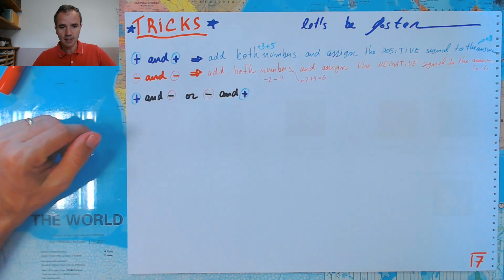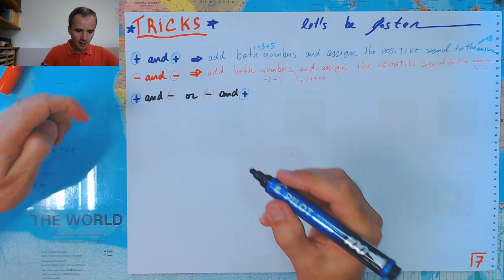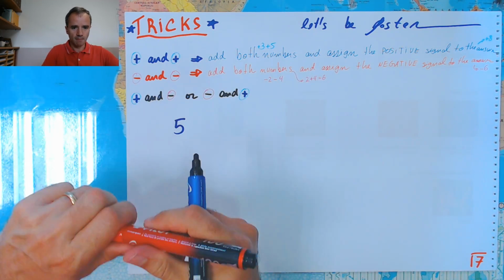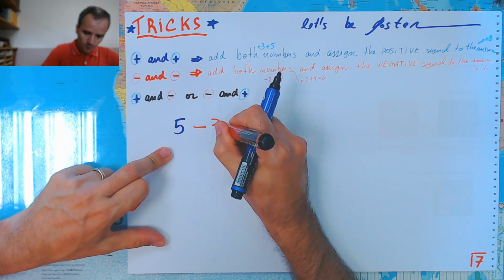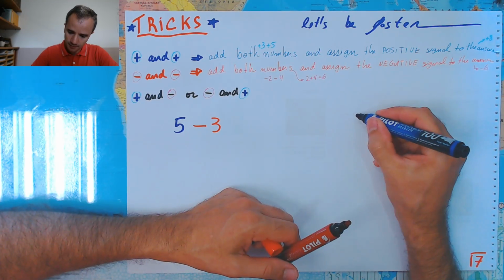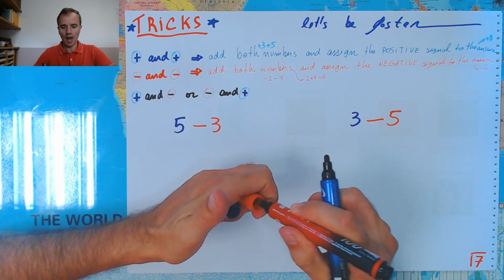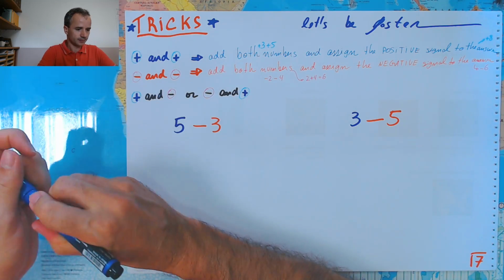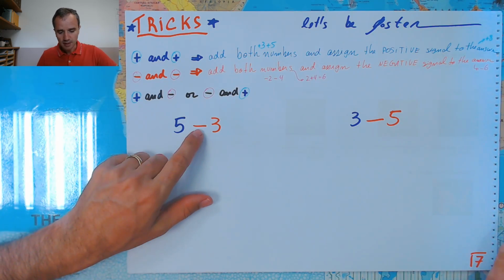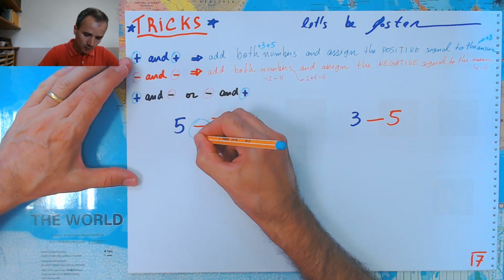Well, in this example here, maybe we just have 5 minus 3, or maybe we just have 3 minus 5. What happens when we have that? Well, when we have that, we are going to see that negative sign as meaning something different.